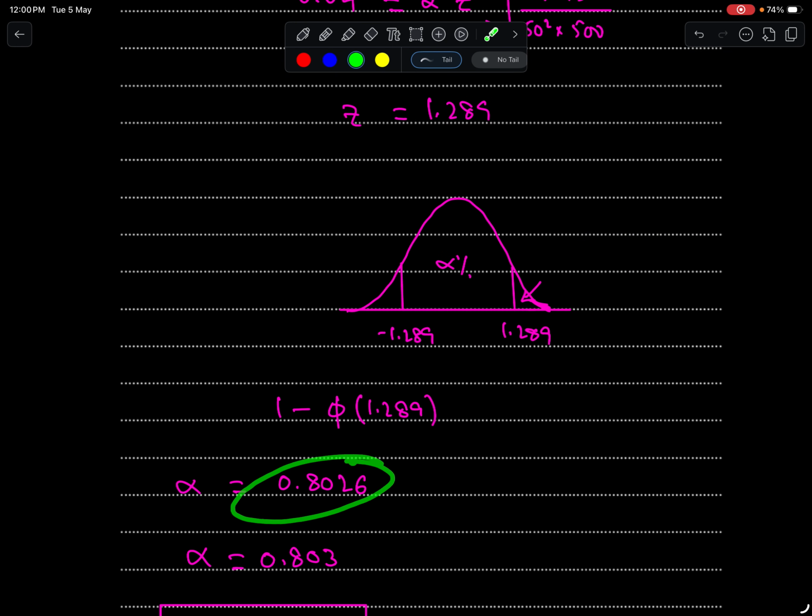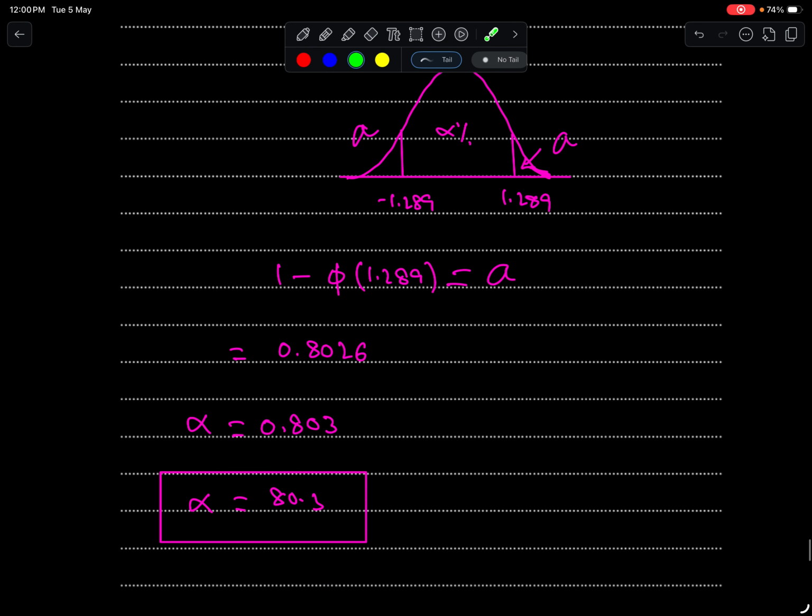So this area is, this is not the area. This area would be something like, for example, A. This is A. So alpha is 1 minus 2A. Twice of this will give you the area.